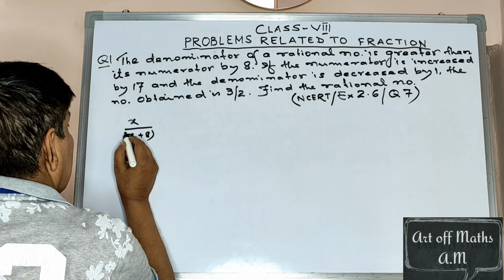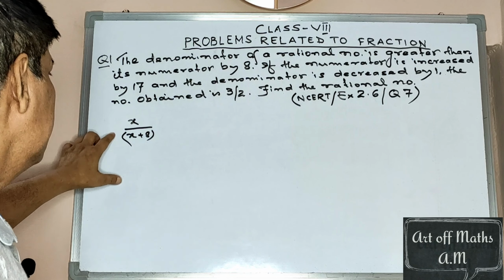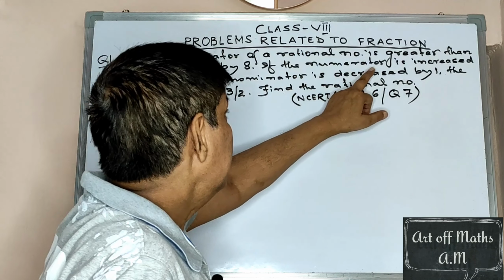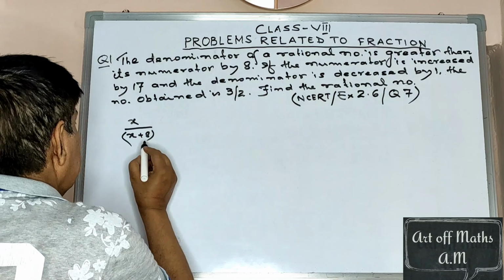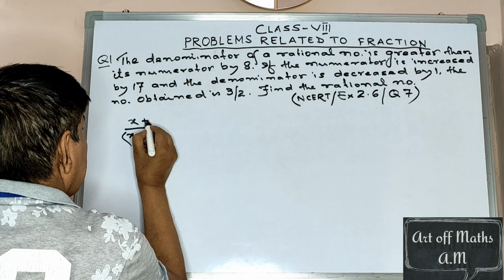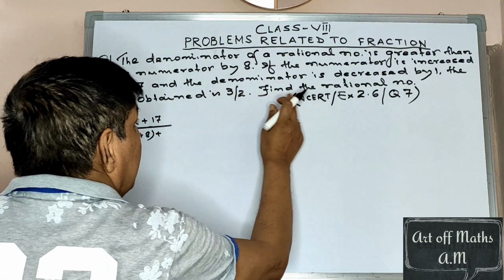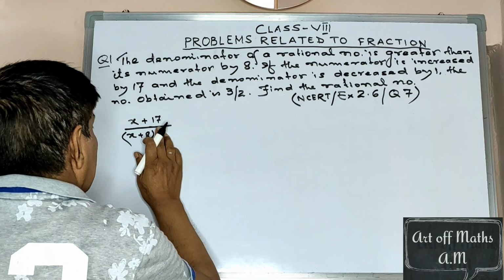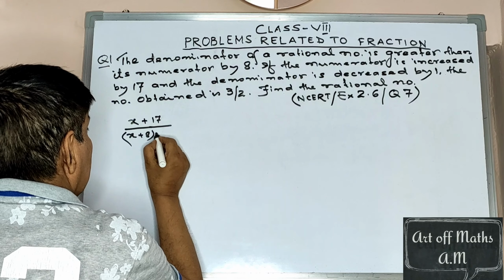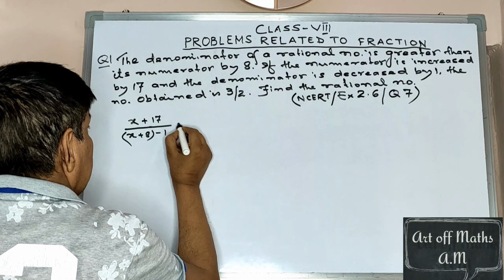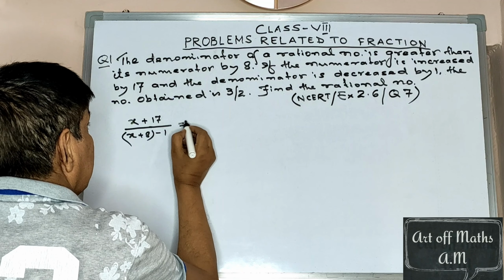This is the numerator, this the denominator. If the numerator is increased by 17 and the denominator is decreased by 1, the number obtained is 3/2.